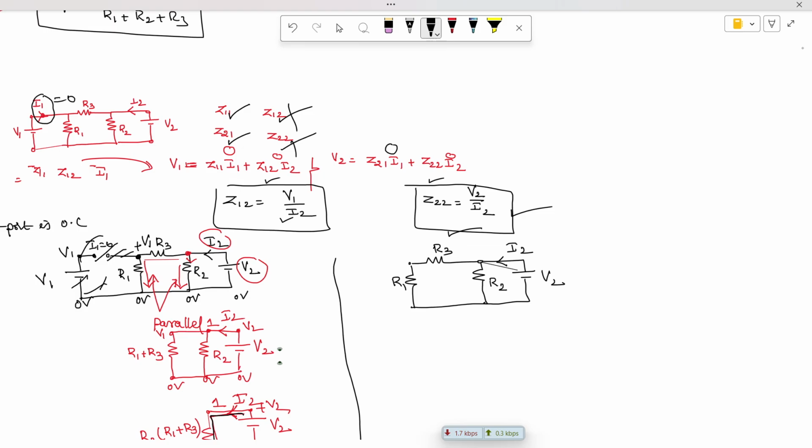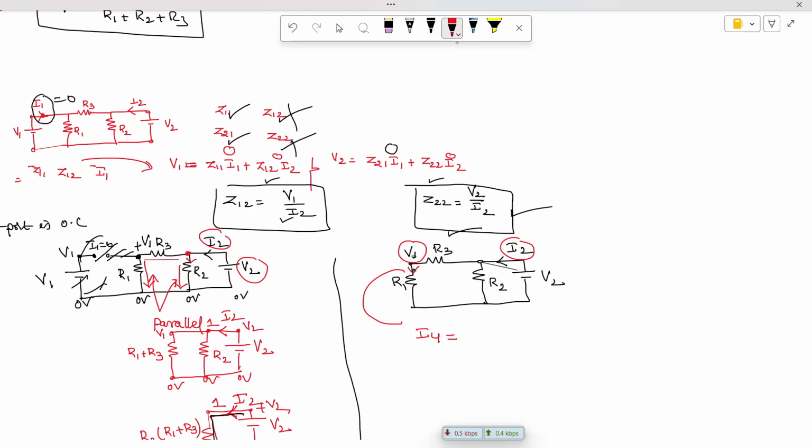Now how we are going to solve it is, here the voltage at this point is V1. We require a relationship between V1 as well as I2. These two relations we require. How to draw the relation is, let us assume the current in this branch is some I4.